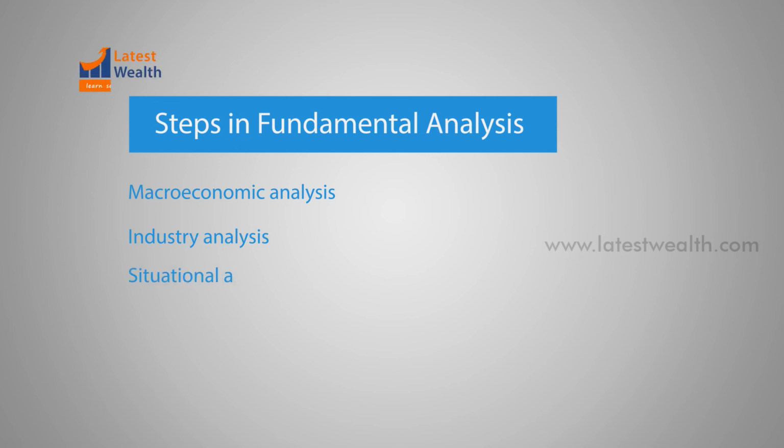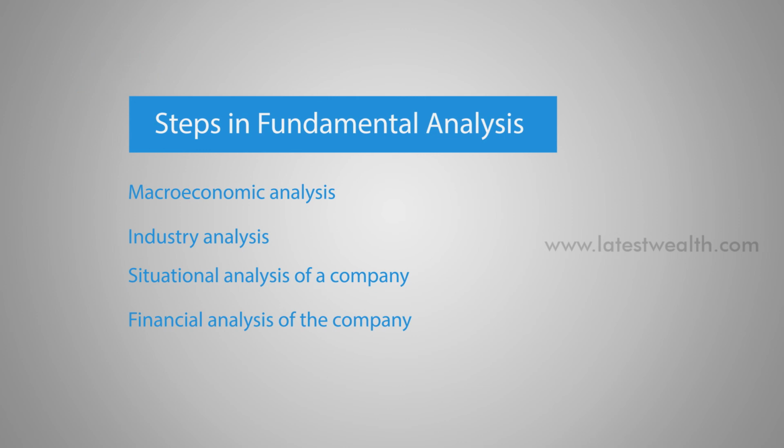Next, a situational analysis of the company. Next, a financial analysis of the company: how to read the financial statements, profit and loss account, balance sheet, cash flow statements, then ratios, then valuation.